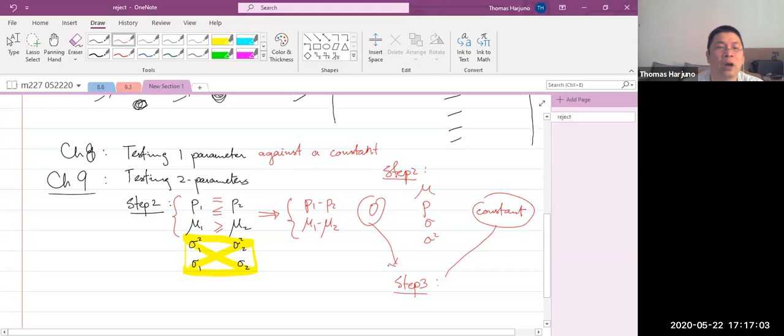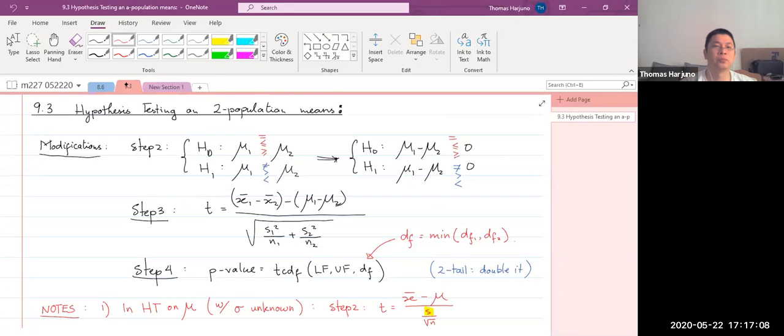Now, let's see 9.3. In 9.3, we will do hypothesis testing on two population means.